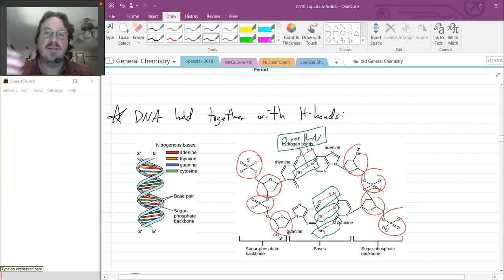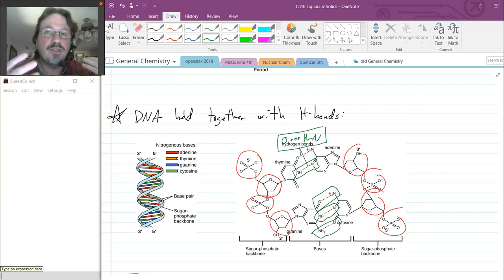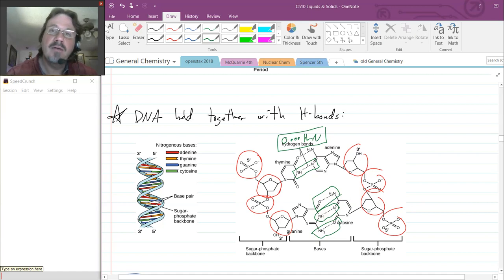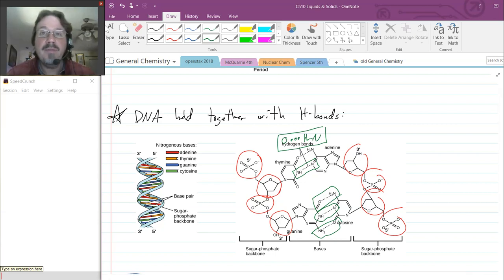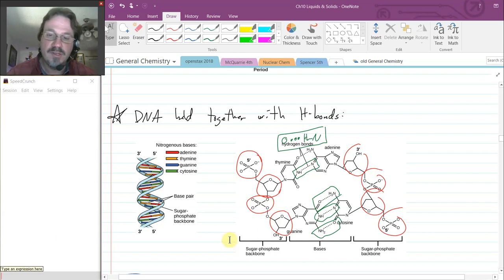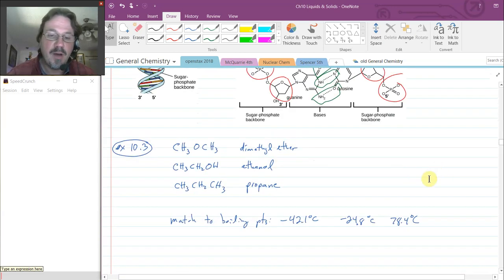That is to say, it's going to take a lot more temperature, a lot more energy to pull those 2 strands of DNA apart than if you had a bunch of AT base pairs. So the actual composition of DNA can be determined by looking at what temperature I have to heat this up to get those strands to separate. It's all due to intermolecular forces, in particular all due to H bonds.